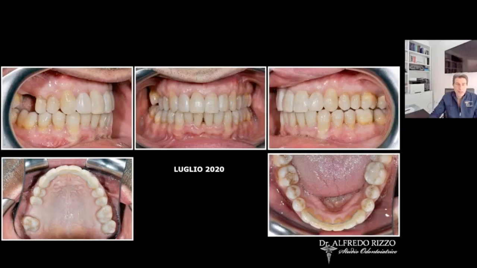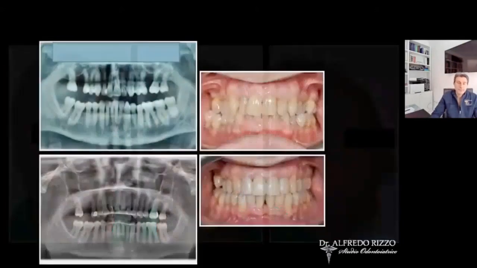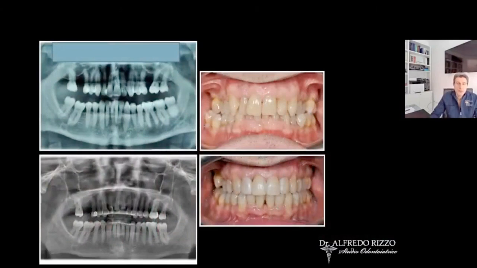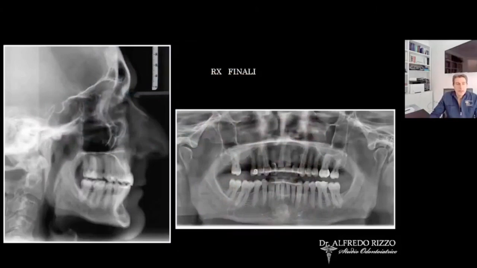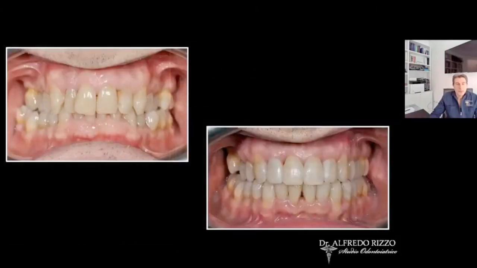This is the final outcome. We will continue in order to close black triangles. We have also improved the shape of the teeth. So this is our aesthetic result, the before and after photographs, the final cephalometric and panoramic x-rays.